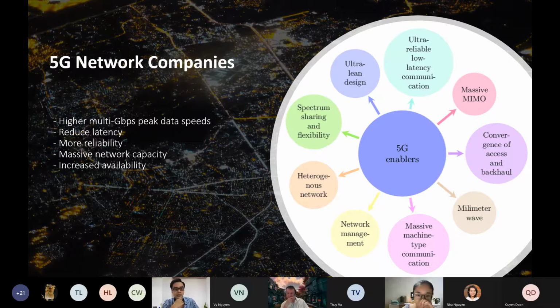So we are doing 5G, and we think it fits the current industry 4.0 because we are transitioning from 4G or LTE to 5G, which will have a faster connection, better security and lower latency.